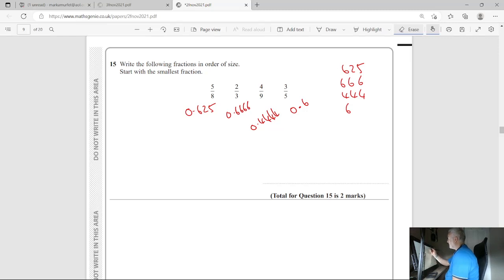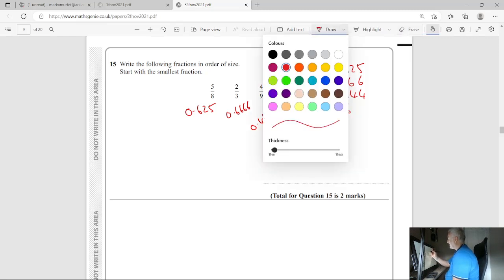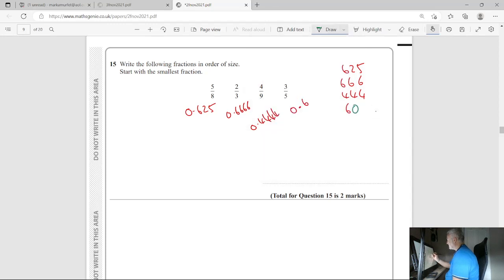Make all the digits the same length. So I'm putting in placeholders for this one. I've made them 3 digits long each. Whether you made it 2 digits long, you'll get the same answer. So I've got 625, 666, 444, and 600.